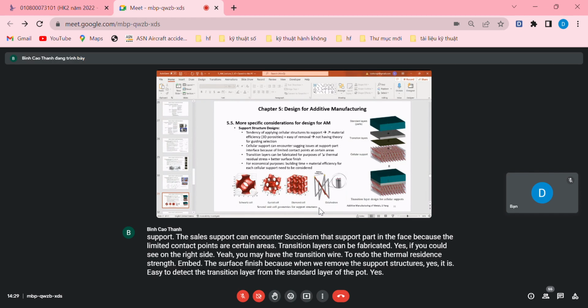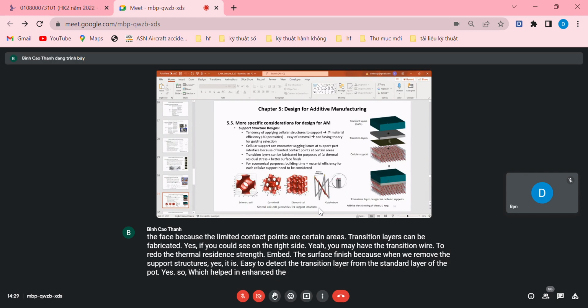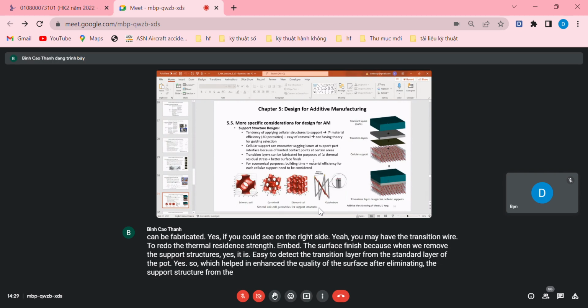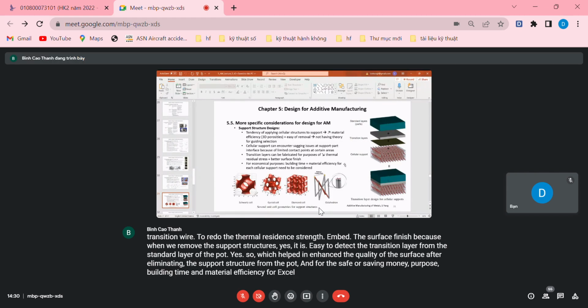So this helps to enhance the quality of the surface after eliminating the support structure from the part. And for saving money purpose, building time and material efficiency for each cellular support need to be carefully considered. Yeah, for sure.